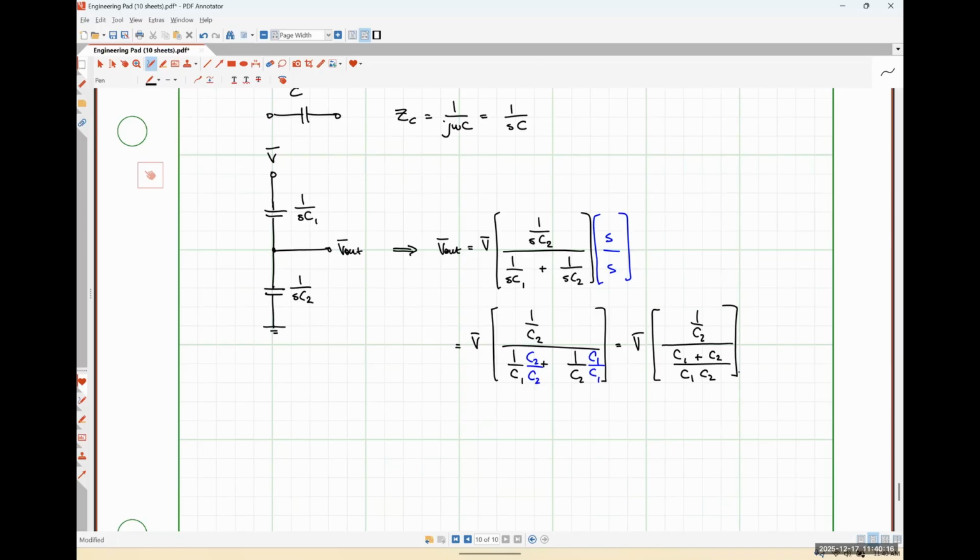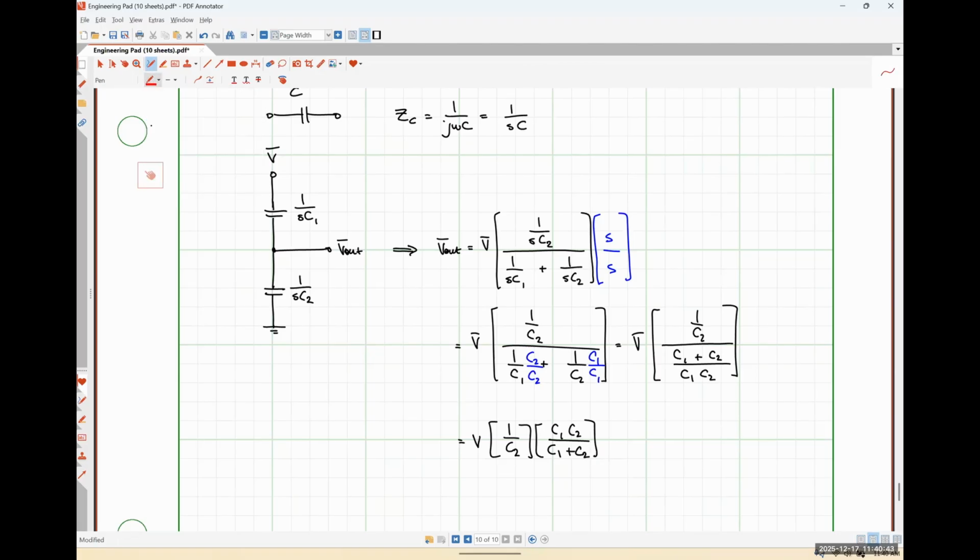All right. So I'm dividing a fraction by another fraction, which is the same thing as taking my first fraction and multiplying it by the reciprocal of my fraction in the denominator. So this is going to come out to be V times 1 over C2 times C1 times C2 over C1 plus C2.